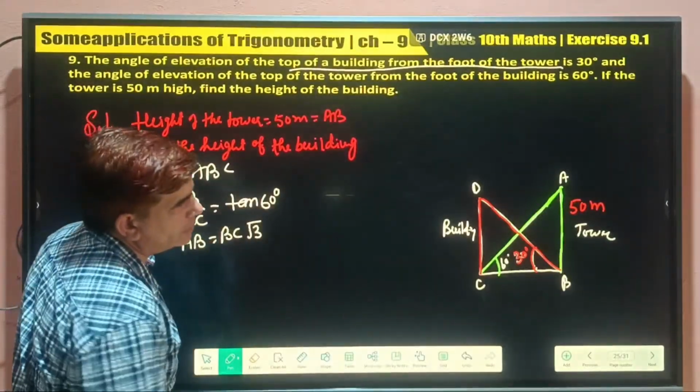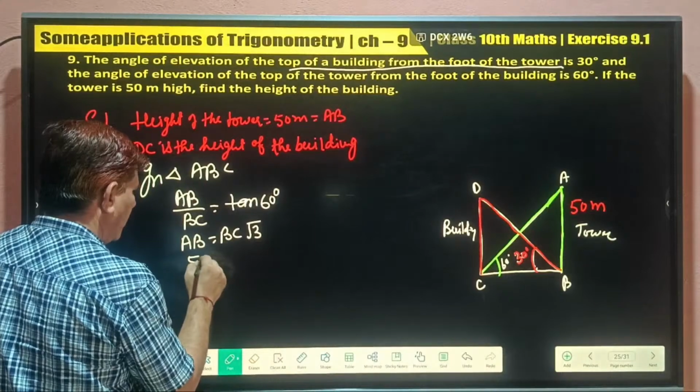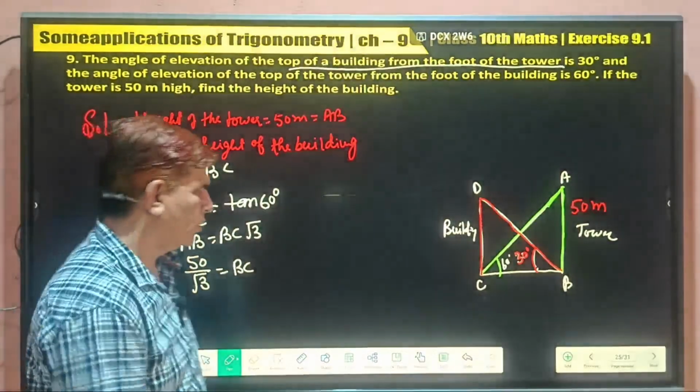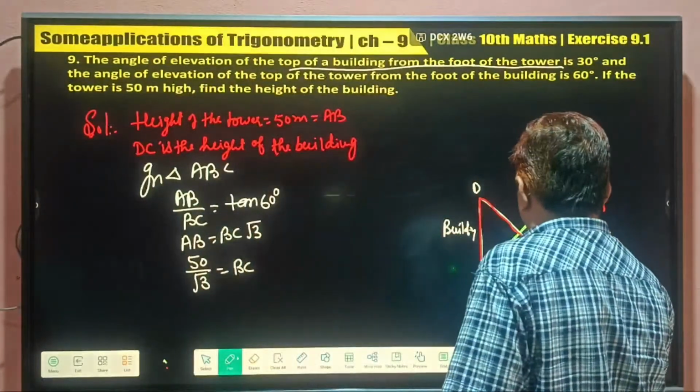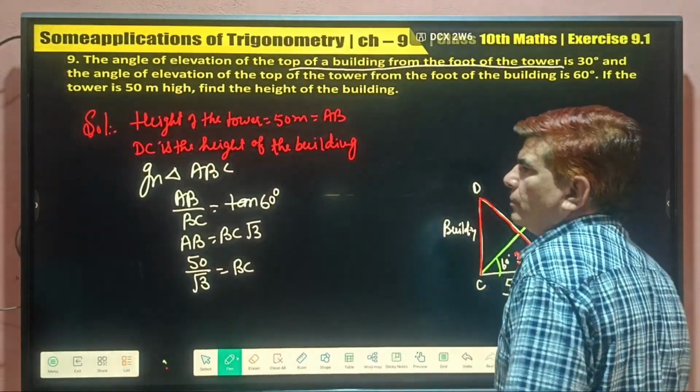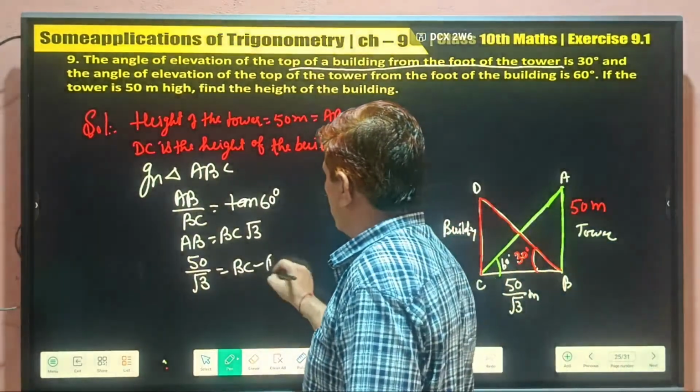AB is 50, so 50 by root 3 equals BC. So 50 meter by root 3. This is your first.